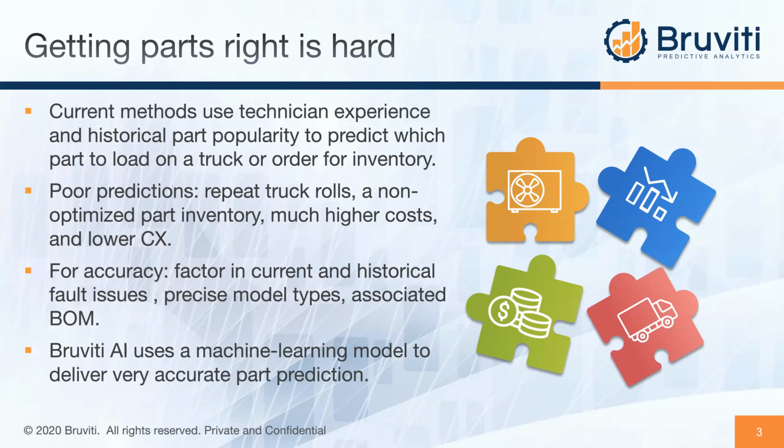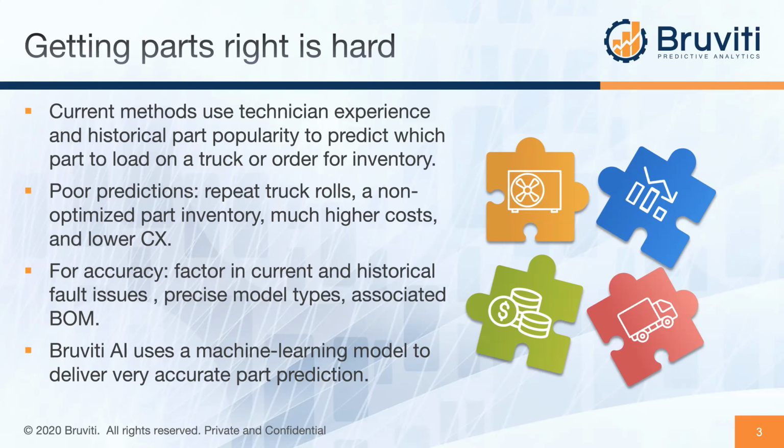This is true from both a cost perspective with the avoidance of repeat truck rolls by having the right part for the job, and also having efficient part inventory management. But as Tim was talking about, it's also very true from a customer experience perspective, where service problems that need new parts can be addressed quickly with a single service technician visit by a technician who has the right part.